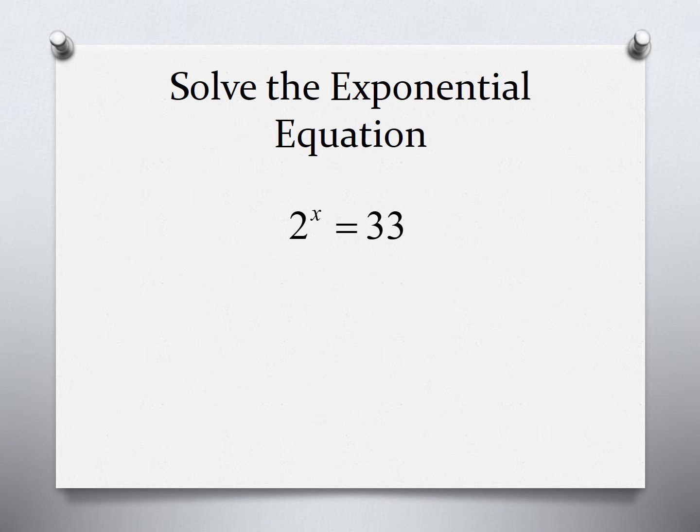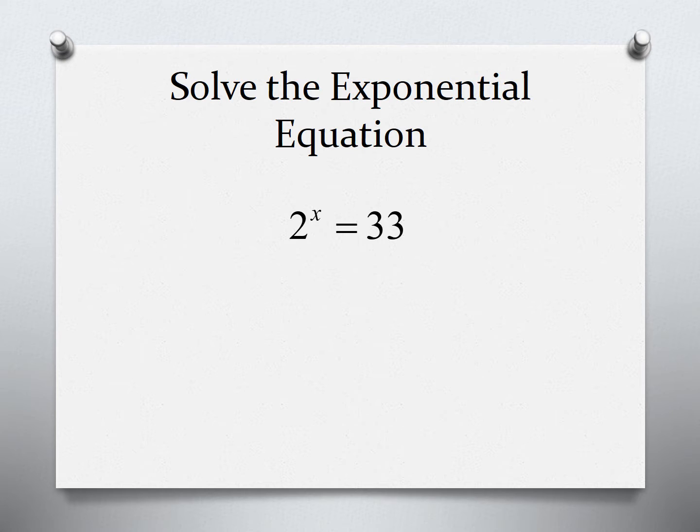Now, this example is slightly different because I'm looking at 2 raised to the x power equals 33, and I want to rewrite 33 as 2 raised to some power, but I don't know what power I can raise 2 to in order to get a value of 33. So it doesn't work out so well in this case in terms of rewriting a number in a new base.